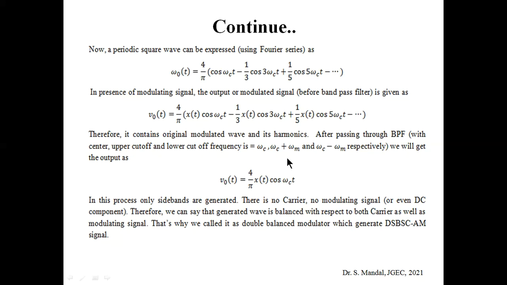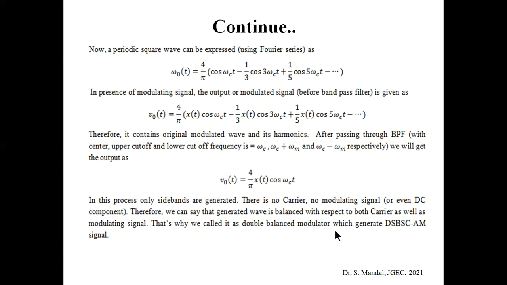Now you can see that in this equation there is no DC term, no carrier term, and no modulating component alone. Clear? So that's why we call this a double balanced modulator. It is balanced with respect to the modulating signal and also with respect to the carrier signal.